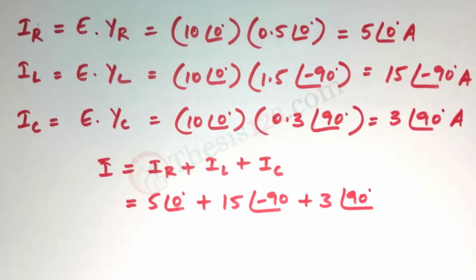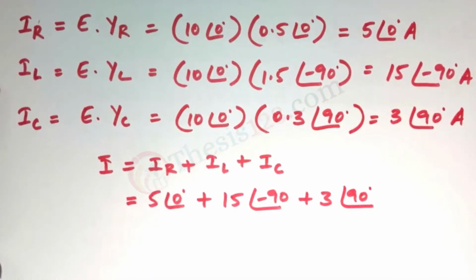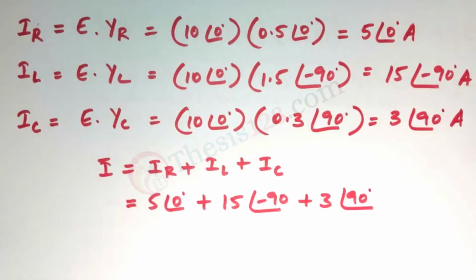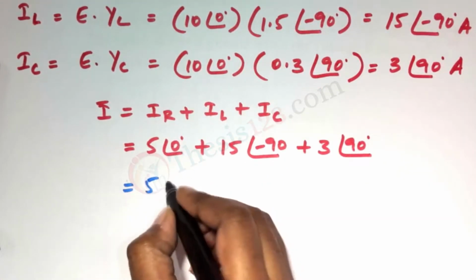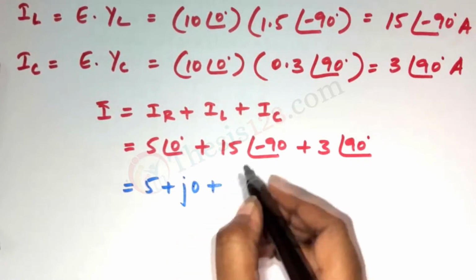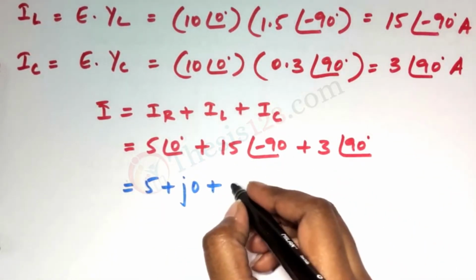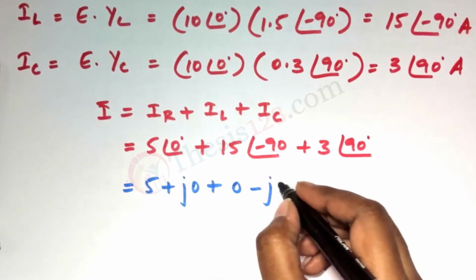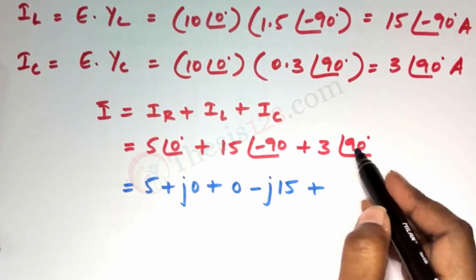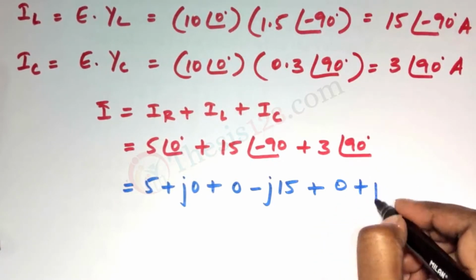Now in order to add the three, we would have to convert them into rectangular coordinates again. So let's do that now. 5 angle 0 is 5 plus j0, 15 angle minus 90 is 0 minus j15, plus 3 angle 90 would be 0 plus j3.